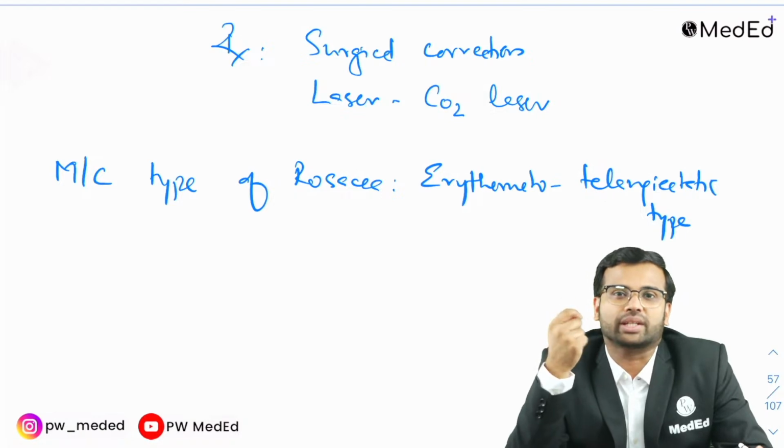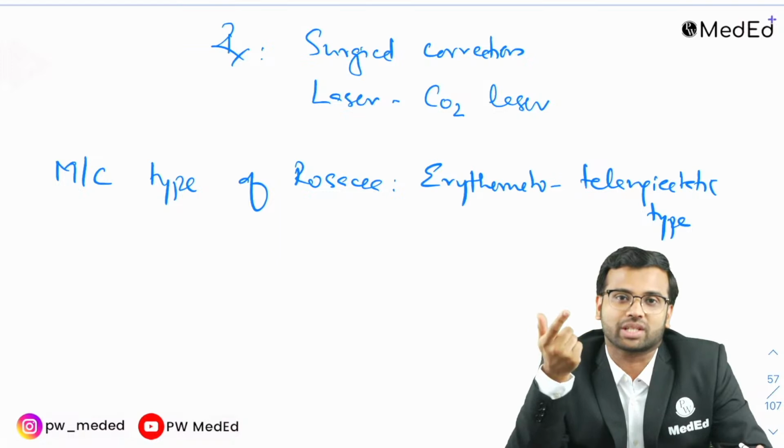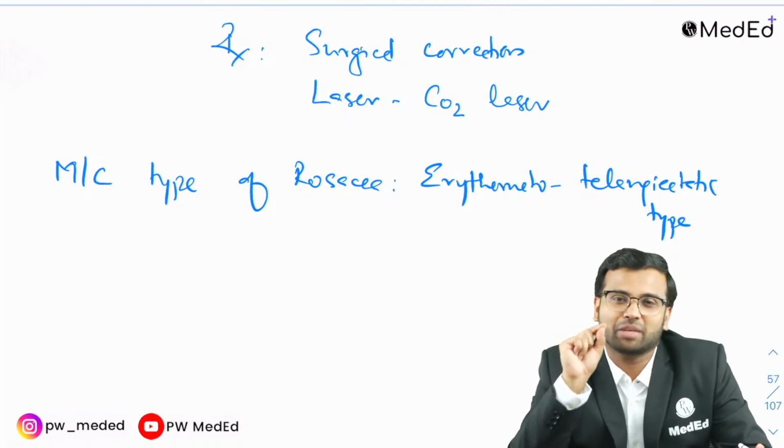Now, one more question. If you do a KOH test over the face of a patient with rosacea, there is a likely chance that you may find some tiny mites over the skin, seen under the microscope.